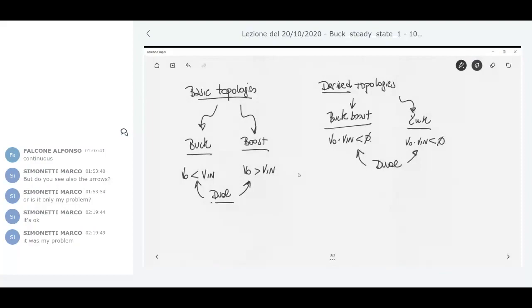In particular, the buck, the boost, and the buck boost will also be covered by experimental tests in the lab. So think about what you could do in order to follow the time of the lab. The lab will start next Friday. People who are interested, it's not something which is compulsory, you don't have to. If you want to follow the lab, for me it's okay.